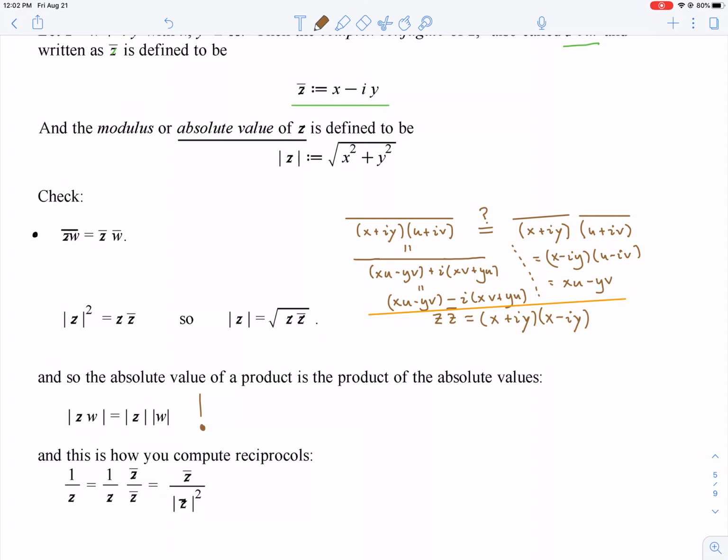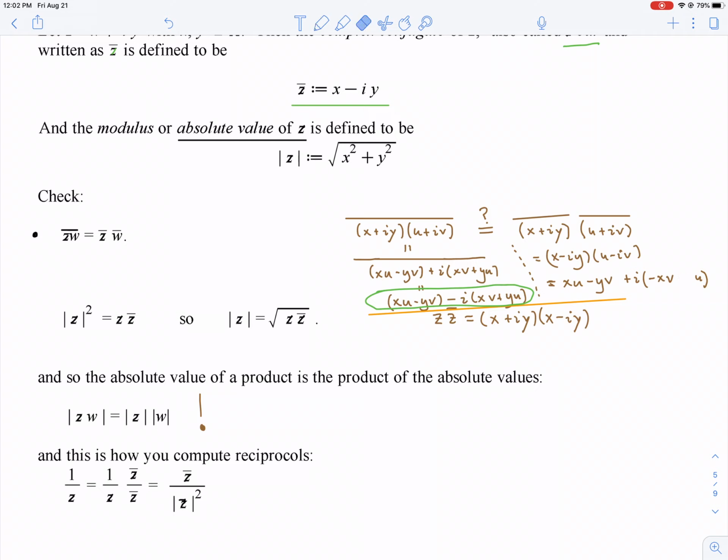And then the imaginary parts are, there'll be an i times minus xv plus yu. And that agrees, if you just stare at it for a second, with what we had on the right.